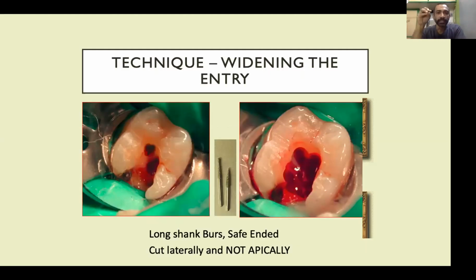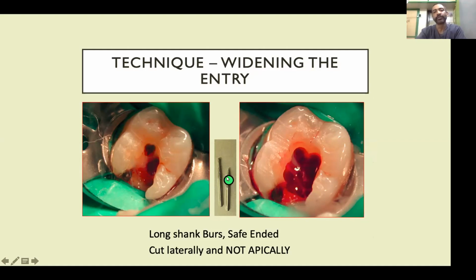Once you have reached the pulp chamber, this is where it becomes very, very crucial. You do not want to touch the floor of the cavity. If you have long shank burrs, they are long enough to reach from the roof all the way down to the floor, and this is where mistakes happen. If you have a burr that is cutting on the bottom, that's where you shift to a safe tip burr like this one, not this one. This one has a non-end cutting tip, the safe tip.